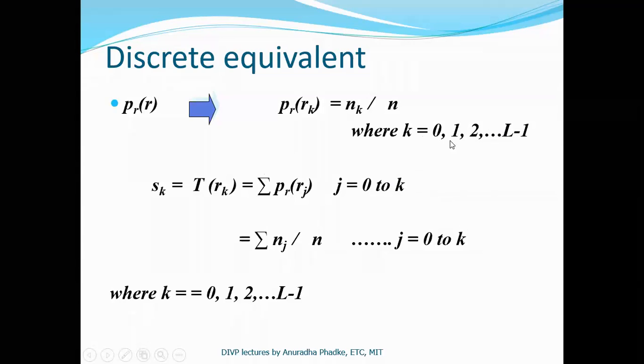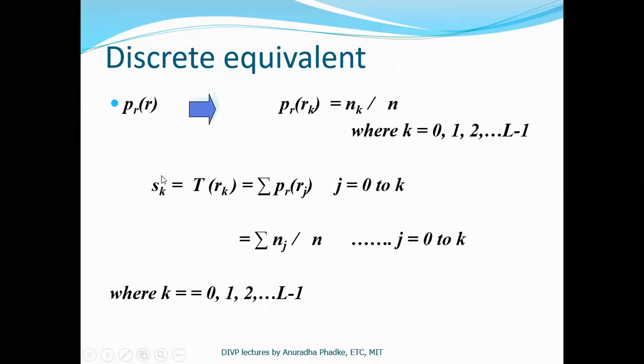For an 8-bit image, k can range from 0 to 255, and your histogram equalized gray value S_k is nothing but the summation of P_R(R_j), where P_R(R_j) is given by n_j divided by n, which is nothing but the normalized histogram for gray level j.